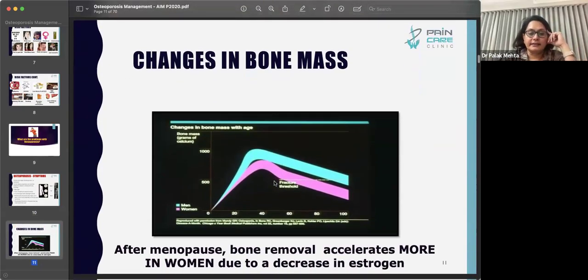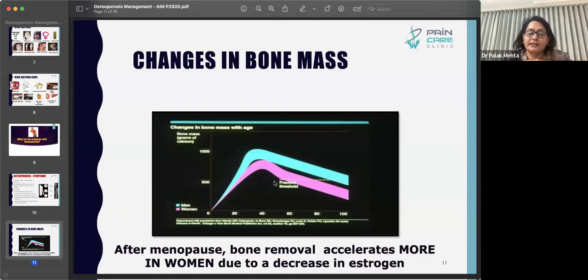As I said, you can see a very nice curve here. Till your 40s, or till your mid 30s, there is a steep rise in bone mass in men and women. But after 40 years of age, there is a significant decline, and bone turnover is more common.